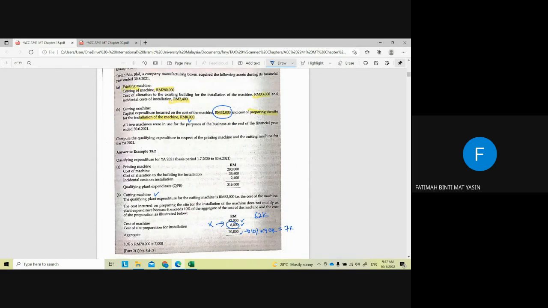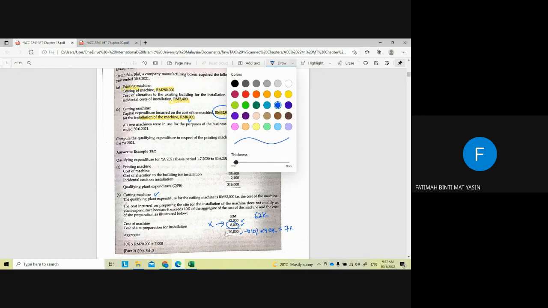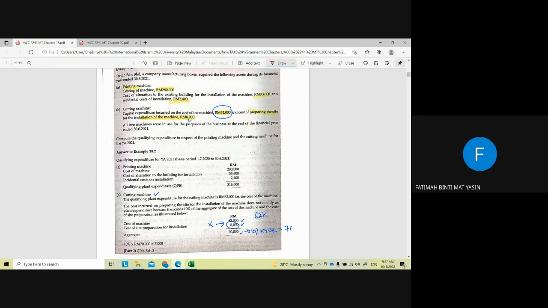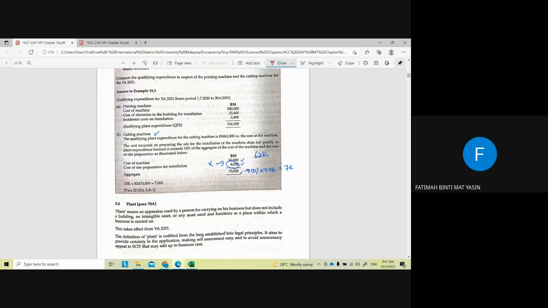Do you understand, class? Hopefully you understand. Okay. But if, let's say, we take another example. Let's say the cost of the machine is 62,000, and then the company actually incurred a cost of, let's say, the cost of site preparation for installation is only 5,000 ringgit. Okay, so now the total is 67,000.